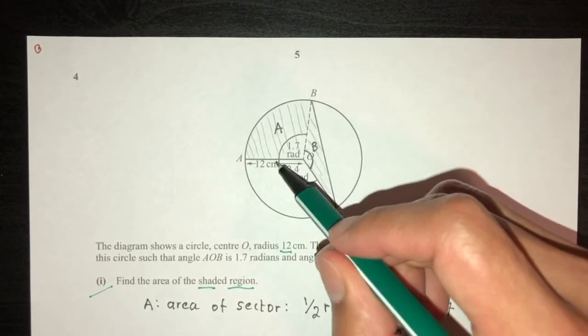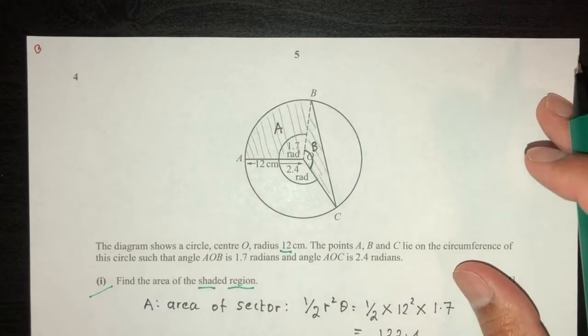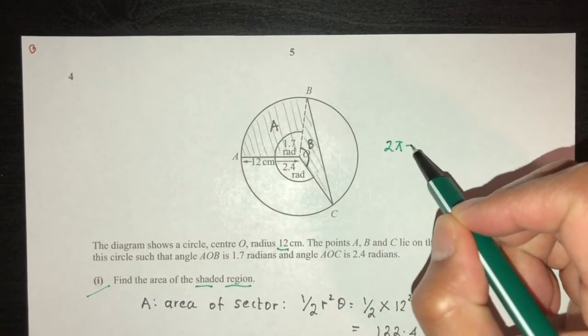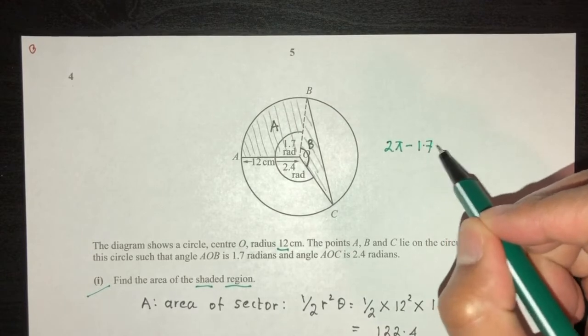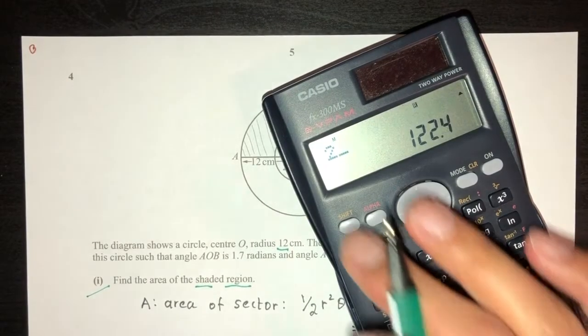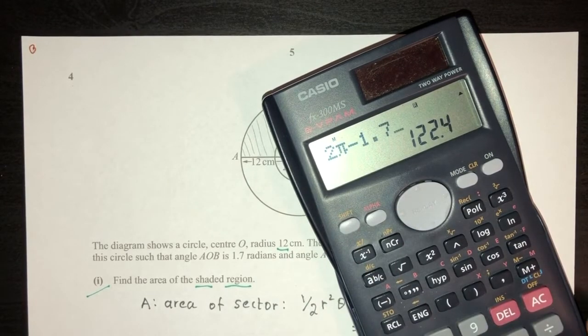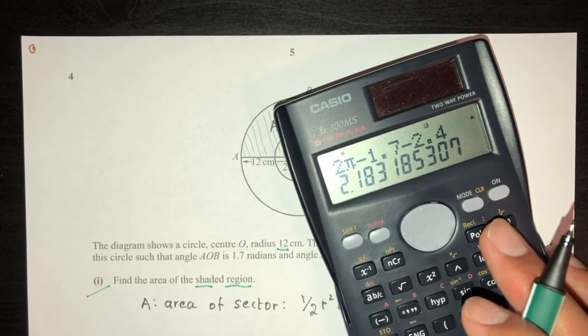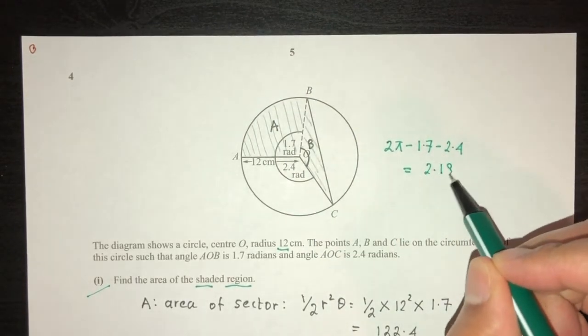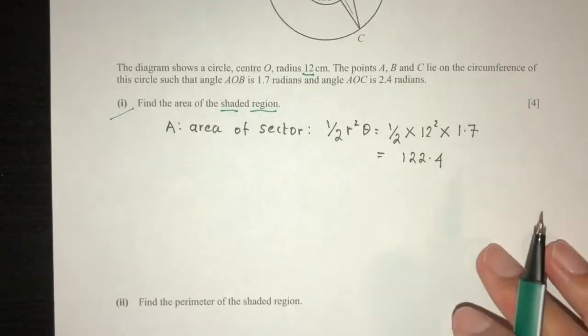We know this and this, so we can find this by a simple calculation: 2 pi minus 1.7 minus 2.4, that should be 2.183.